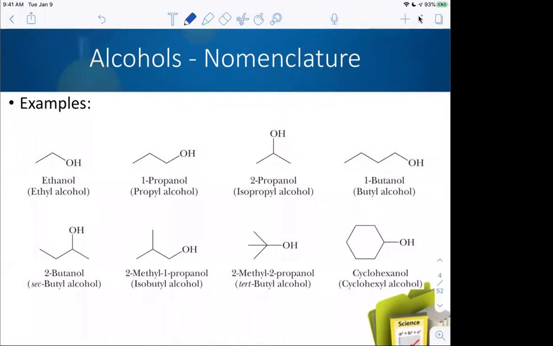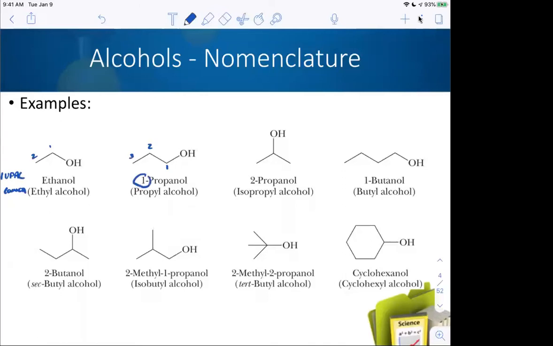So here are some examples of both the IUPAC, which is up in the first row, and then the common, which is in that second row. So here I have 1, 2. I have 2 carbons, so it's ethanol. Here I have 1, 2, 3.